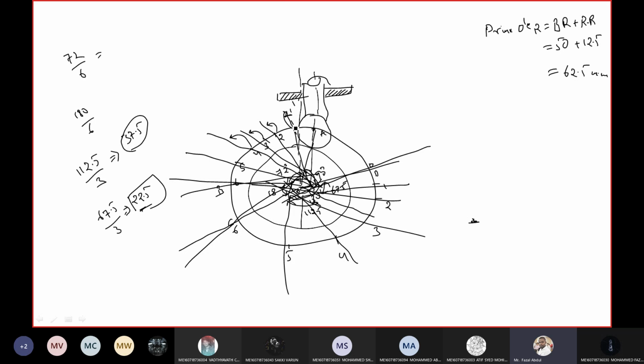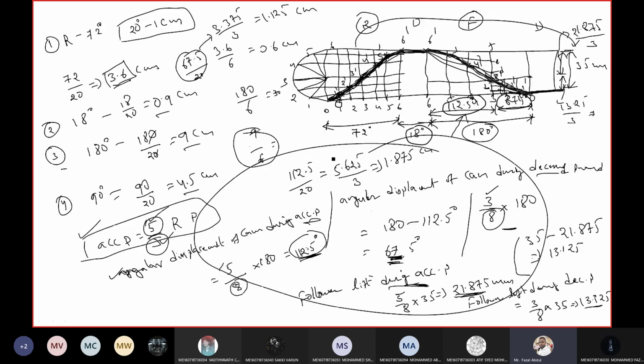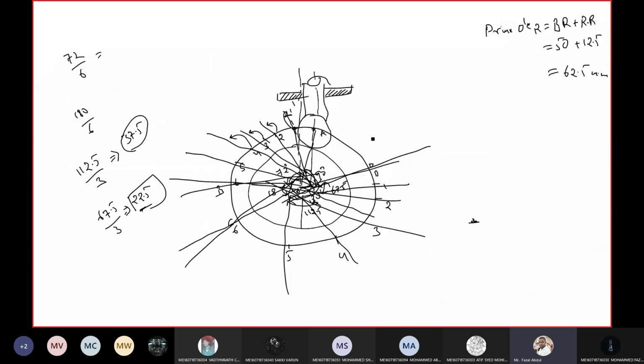That is 1 dash. Second time, measure the distance 2 dash with the compass, place the needle on the second point and cut an arc on the same line. This is 2 dash. I'm shifting the points 1 to 1 dash, 2 to 2 dash.